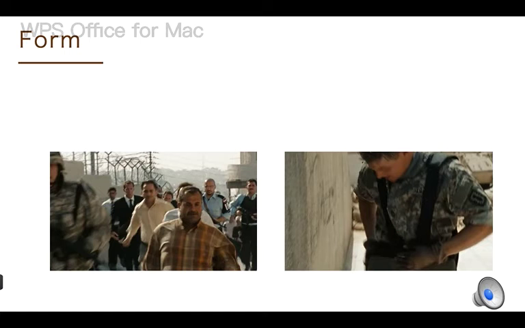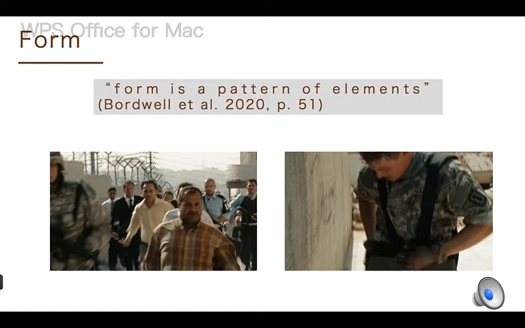One important technique to analyze a film is to analyze its form. Bordwell et al. defined form as, I quote, "a pattern of elements," end of quote. Films can create the feeling of immersion through the creation of certain patterns.